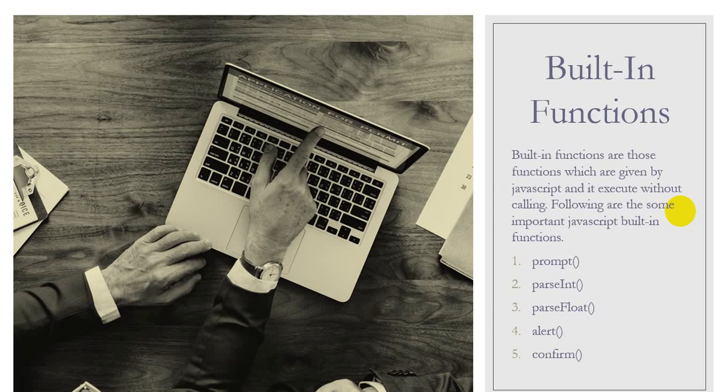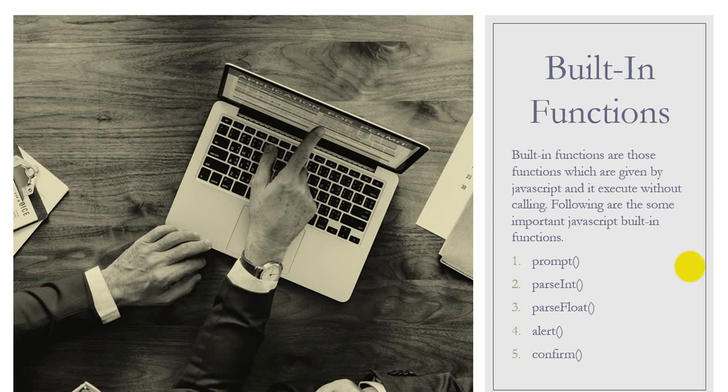Who is the user? The person who uses your website, program or application is called a user. So the user can enter a value by using prompt. This is the basic objective behind the prompt function.